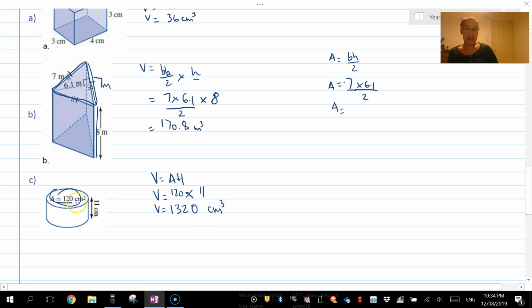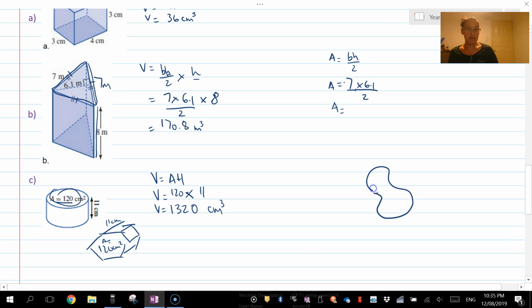So again, later on you might be able to work out the area of the circle without having it given to you, but until then that'll be given, and you just have to make sure that you multiply the area by its height. It wouldn't even matter if it was this kind of shape, and if that was A equals 120 centimeters squared, and this was 11 centimeters, you would still do the exact same thing if it was a hexagon, pentagonal, or even some funky shape like this.